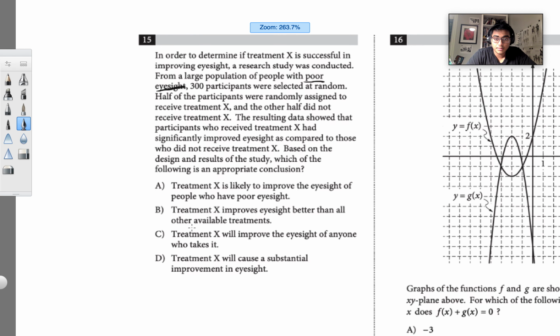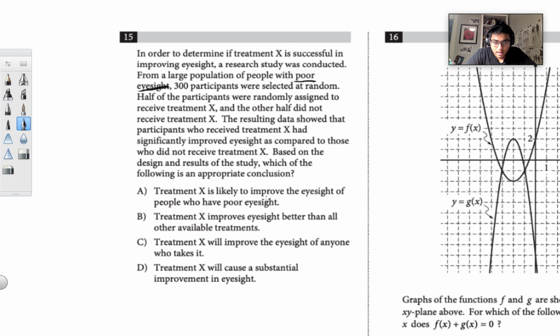Alright. Treatment X is likely to improve the eyesight of people who have poor eyesight. Yes, that should work. Treatment X improves eyesight better than all other available treatments. That's wrong. Any answer choice that talks in absolutes like all or always is usually wrong. Treatment X will work for all of them?